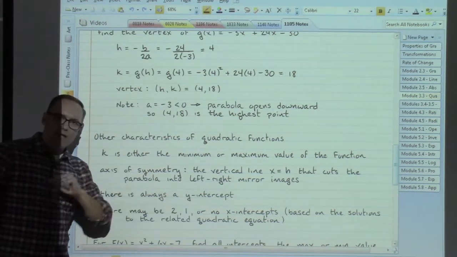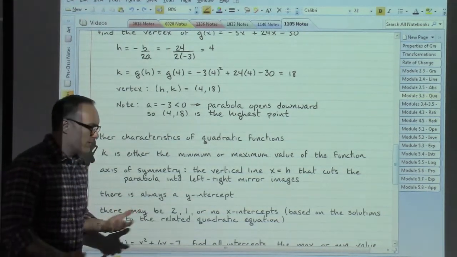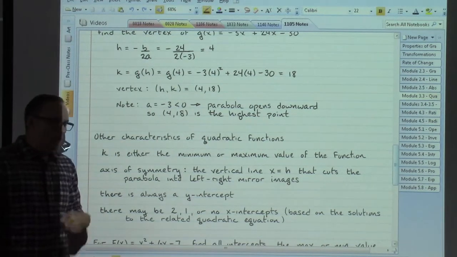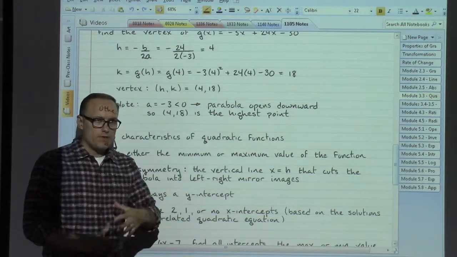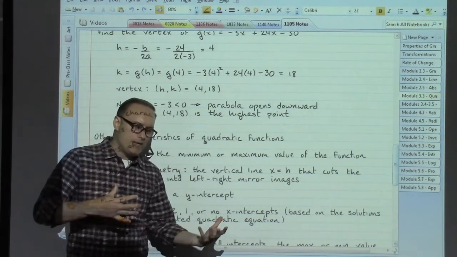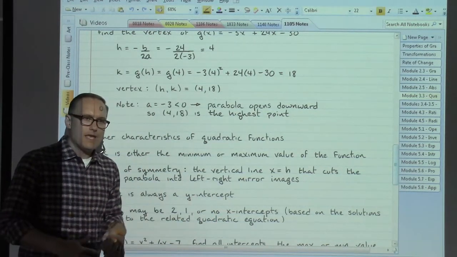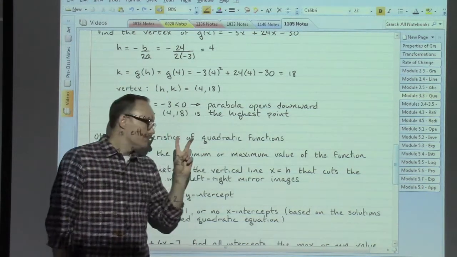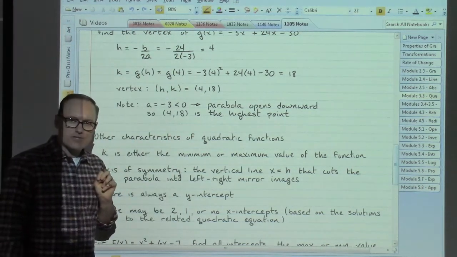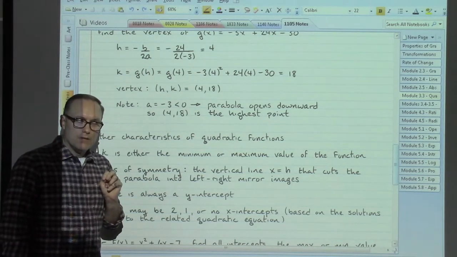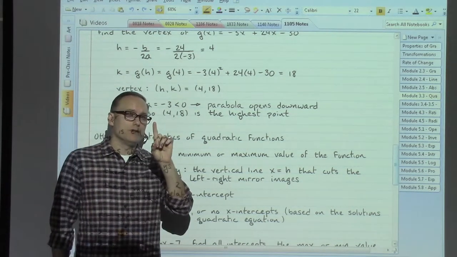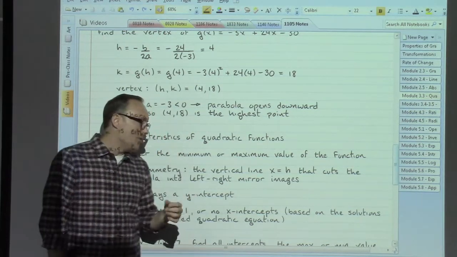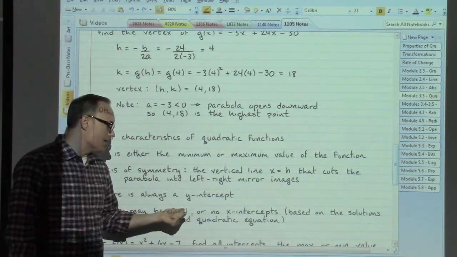There's always going to be a y-intercept. That's just the nature of quadratic functions. But when it comes to setting quadratic functions equal to 0, what could happen? Well, we might not get any real number answers because we might get complex conjugates. So we might not have any x-intercepts. We might get only one solution, officially repeated, but only the one point, so only one x-intercept could show up.